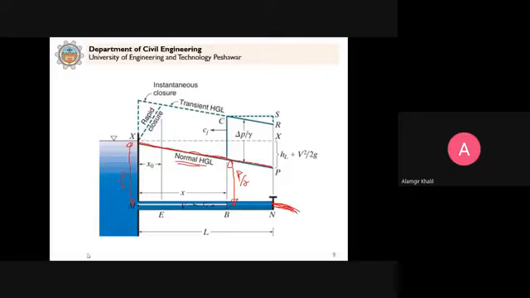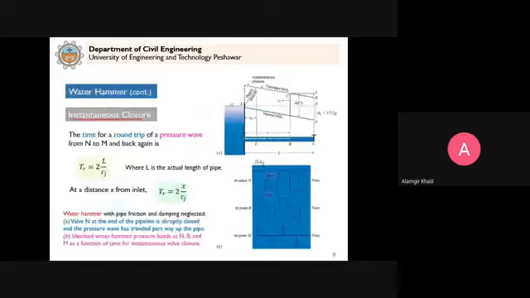Clear? Now the problem is that we have a valve at the end of this pipe, let's say at point N, and now we suddenly close the valve. This is the instantaneous case. This instantaneous case is actually physically not possible, but we consider it to understand the real cases that we discuss after this.